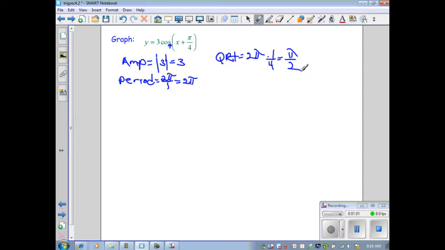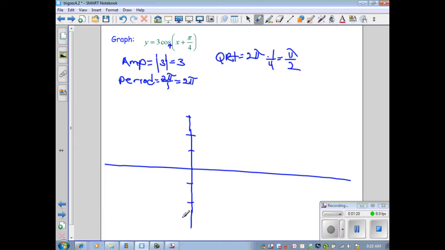Let's graph this function of y equals 3 cosine x. We'll do our phase shift after that. Here, my y-axis, my x-axis with an amplitude of 3. And then I'm going to count by pi over 2. So pi over 2, 2 pi over 2, or just pi, 3 pi over 2, and then 4 pi over 2, or 2 pi.